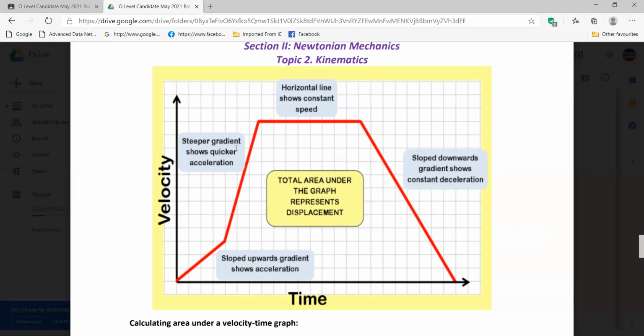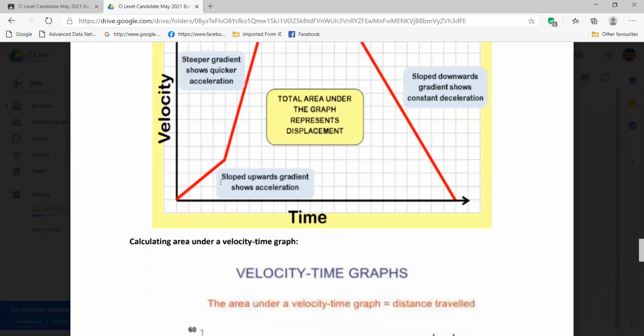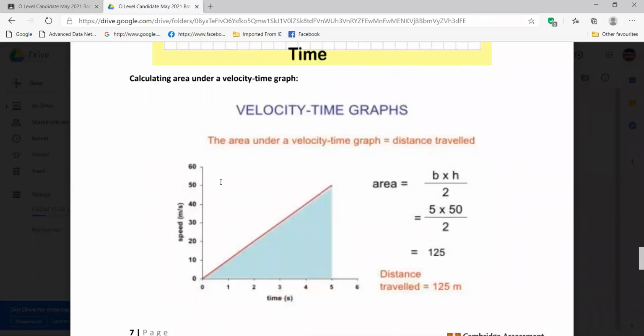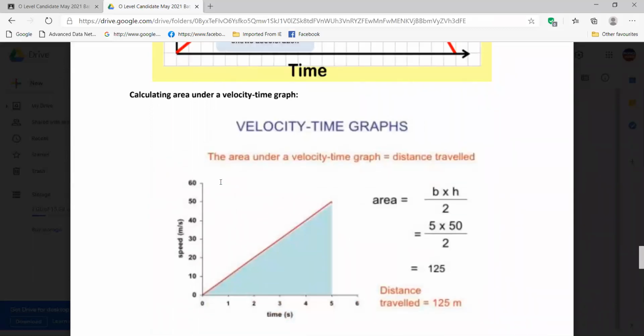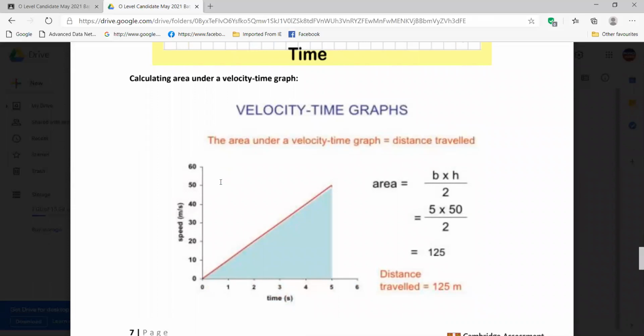So if it is more steeper, then this one is greater acceleration. So for a velocity time graph, the more steeper the graph, the greater the acceleration. Clear now?